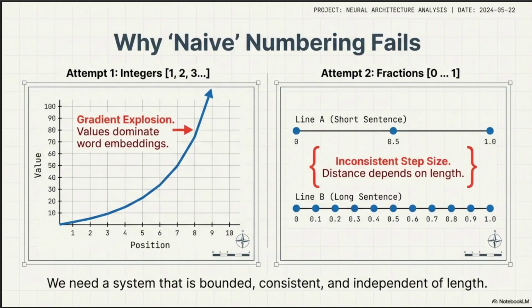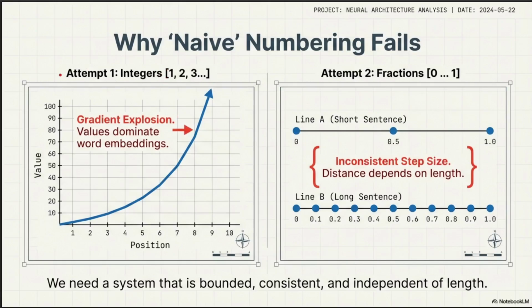So we will see why naive numbering fails. You might be thinking, why not number the words like 1, 2, 3, 4, etc.? Or why don't we use fractions like 0.01, 0.02, 0.03? So let's look at why these fail.